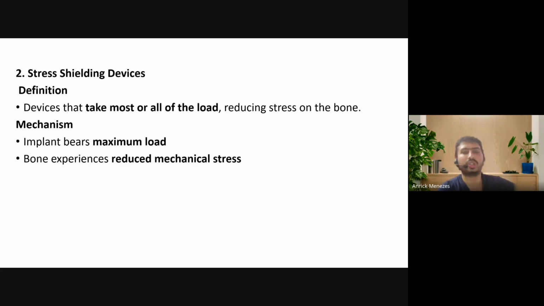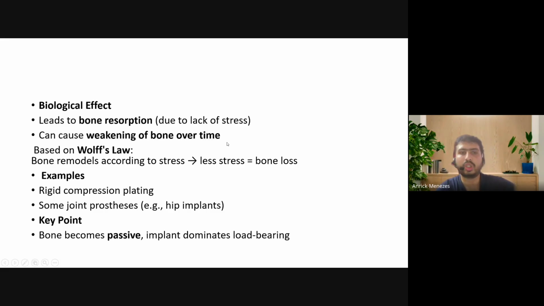Next is the stress shielding device. These are devices that take most or all of the load. Sometimes there will be some amount of load, but most to all is what we can say, reducing the stress on the bone. Mechanism: the implant takes the maximum load and the bone experiences reduced mechanical stress. Biological effect: it leads to bone resorption due to lack of stress and can cause weakening of bone over a period of time.